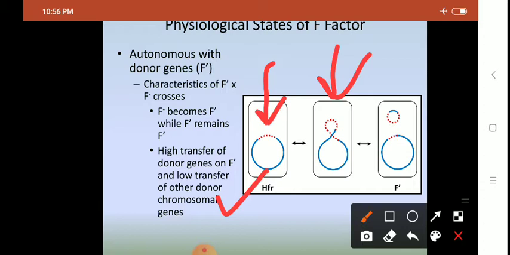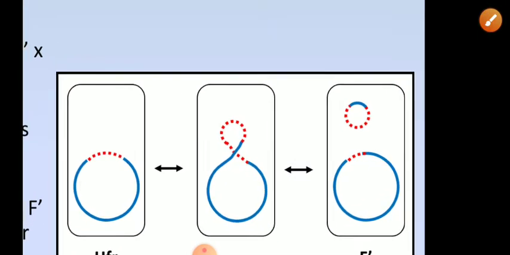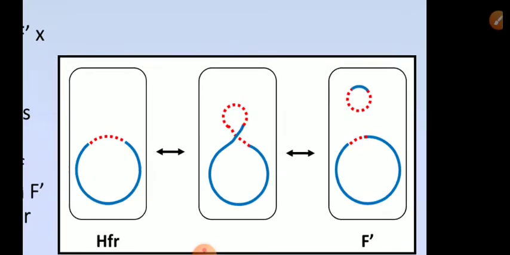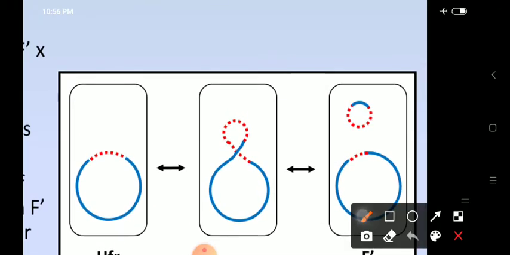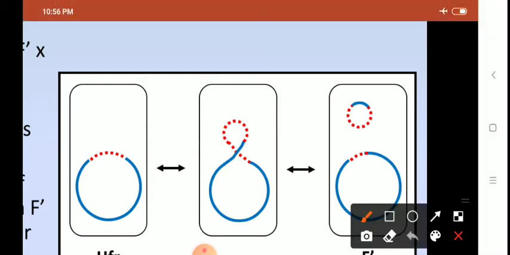But there is a mistake in the separation. In the last diagram, you can see that the F factor is having some genes from chromosomal DNA, shown by blue color.